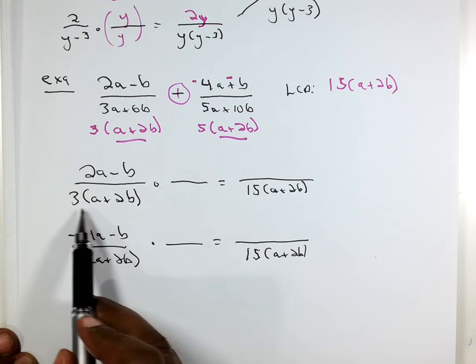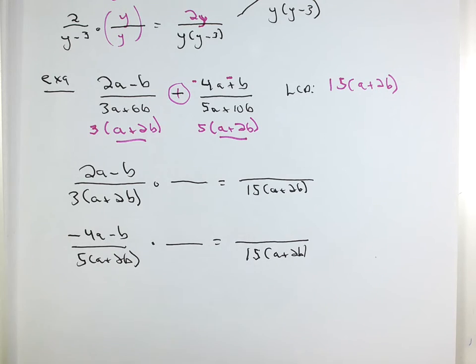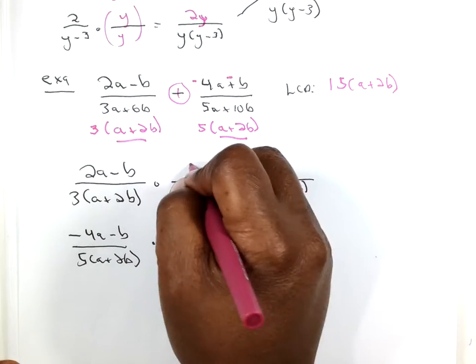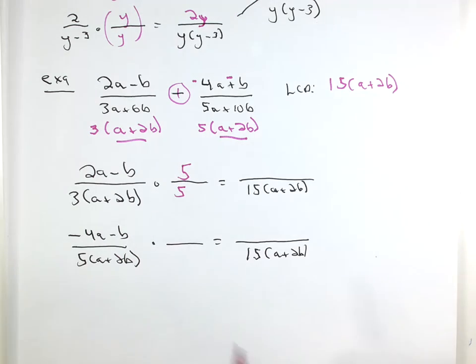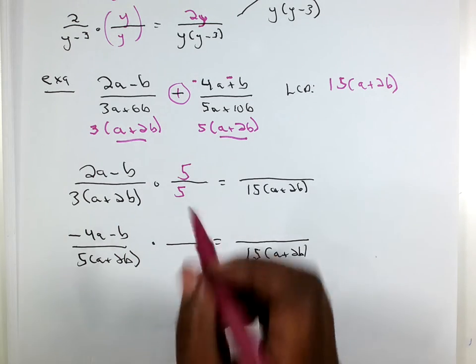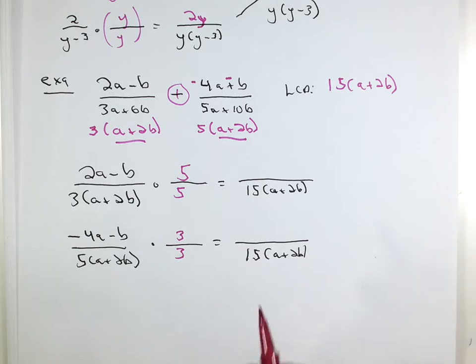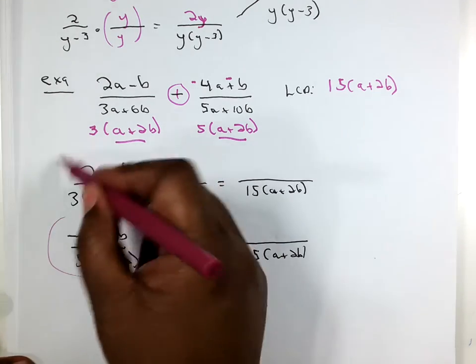So here, all I'm missing is the 5. So I'm going to multiply this by 5 over 5. And down here, I'm missing a 3. So I'm going to multiply that by 3 over 3.